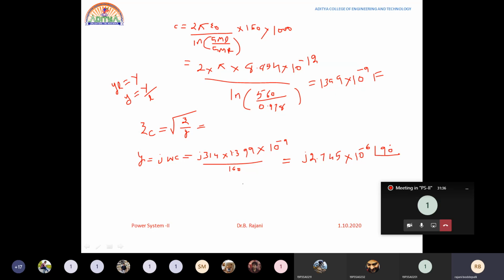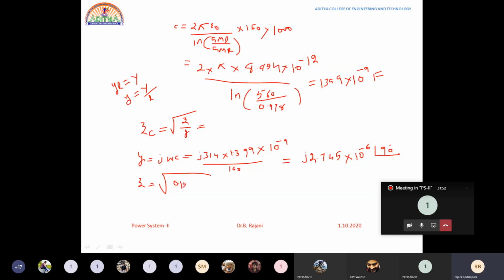What is small z? Small z has been given. Small z is equal to root over R square plus XL square. What is R square without multiplying with 160?